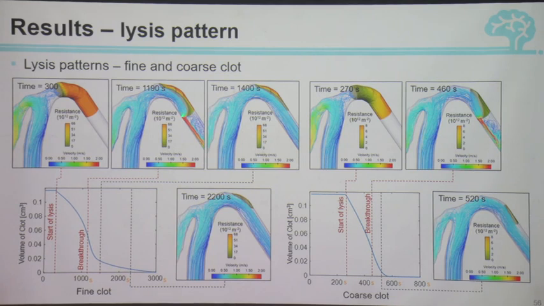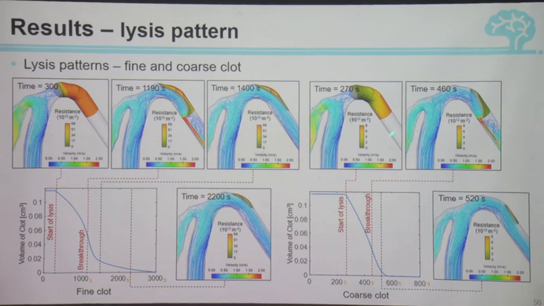Initially, when there is a small breakthrough, you have a high velocity jet, followed by vortices behind. So the flow can become quite turbulent in this case. After that, you can see that the clot gets degraded, and only a small part is left sticking to the top wall. If you have sufficient drug, and if you infuse the drug for a sufficiently long time, these clots will eventually degrade completely.